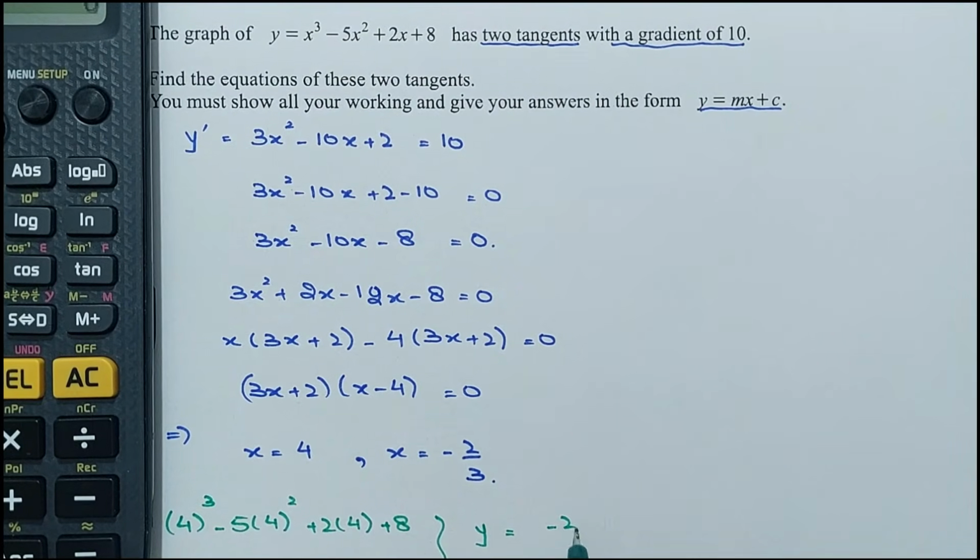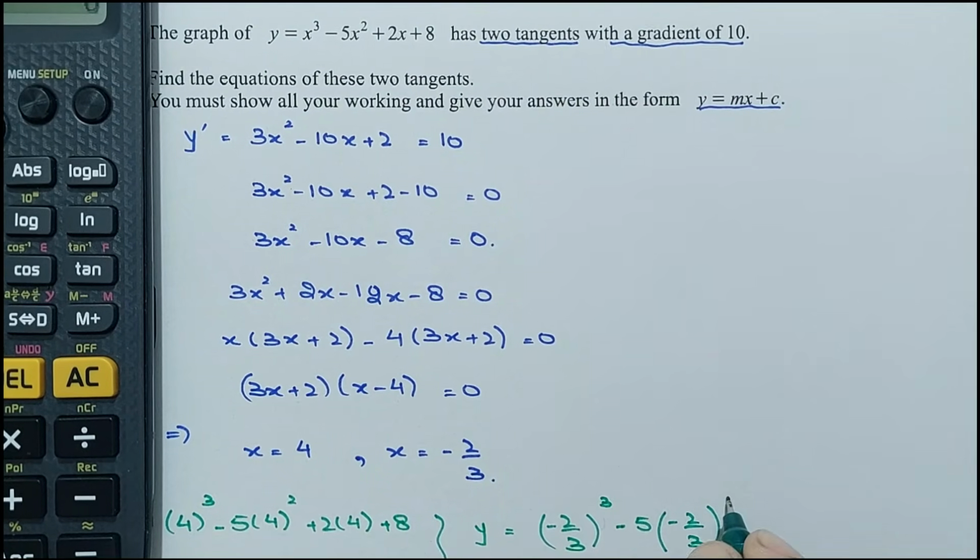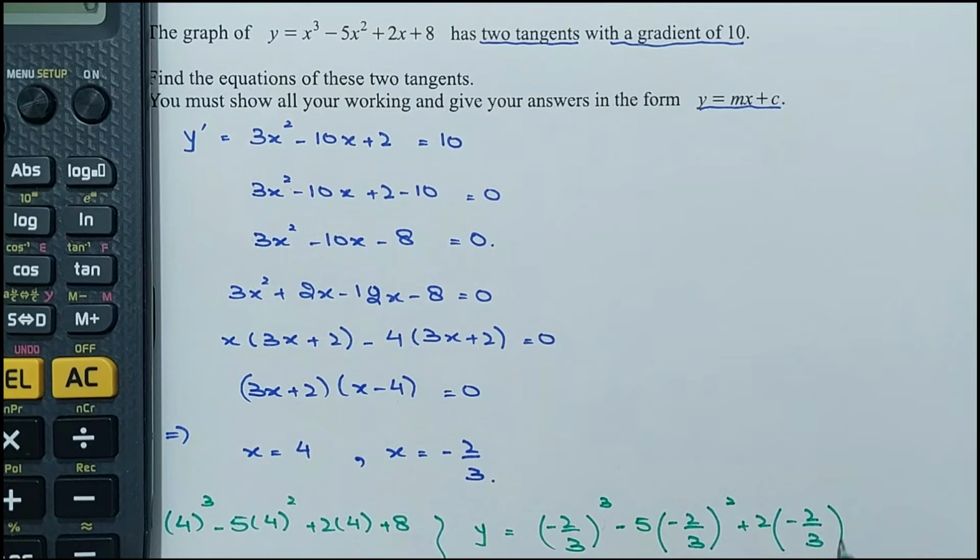Okay, negative 2 by 3, its whole cube, and minus 5 into negative 2 by 3, its square, plus 2 into minus 2 by 3, and plus 8, right?